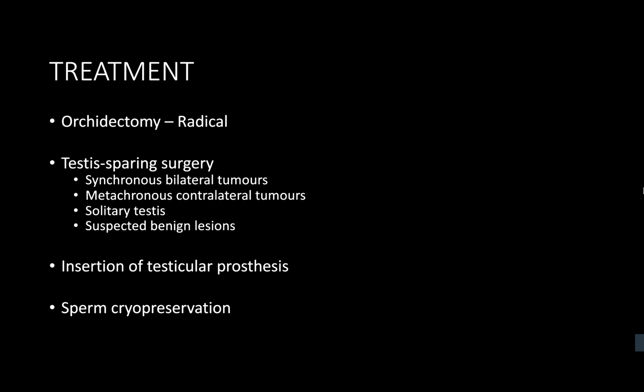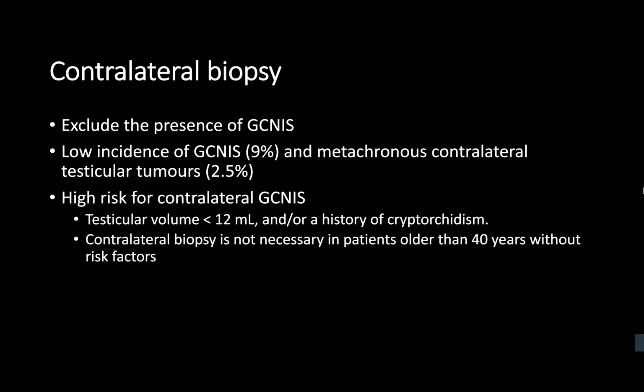Okay, well done. And regarding the contralateral biopsy you said you might consider counseling him for, will you do it in all patients, or are there any specific indications for the contralateral biopsy of the testes? According to the EAU guideline 2021, the main risk factor is male age less than 40 years, and the risk factors include if the contralateral testicular volume is less than 12 ml, or if the patient is known to have cryptorchidism, or there is poor spermatogenesis in the other testis.